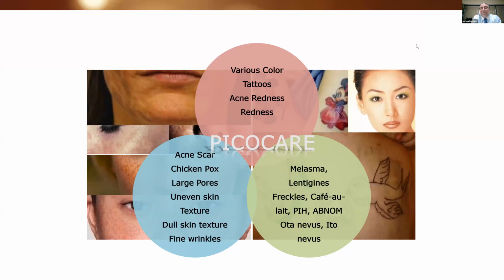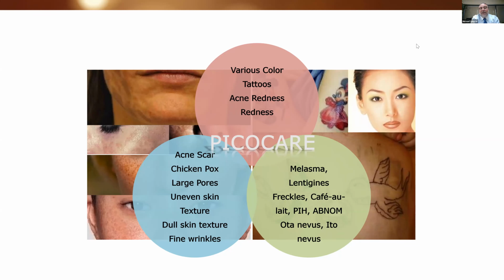Pigment became the second indication for these devices. We were able to successfully show with all the different Picos and PicoCare as well that using the device, pigment goes away really quick. Nanosecond lasers make pigment go away, but not as fast as the Pico lasers. The most difficult pigment goes away rapidly in most every case that we have.